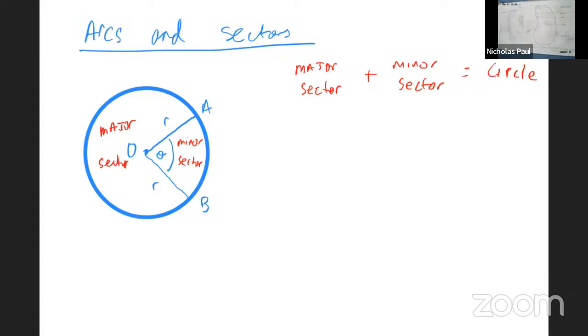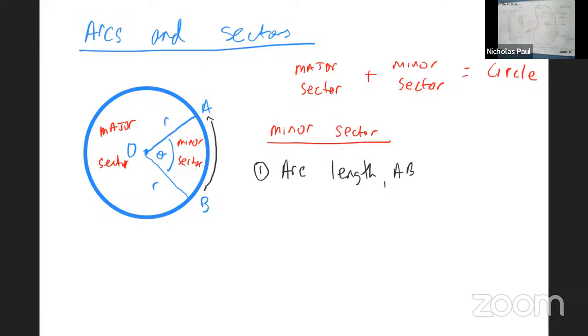Okay, let's focus on the minor sector a little bit. First thing, how are we going to get the arc length? So let's see if we can find the arc length of the minor sector, the arc length AB. So that's here to here. That arc length is part of the whole circle, right, Nikolai?